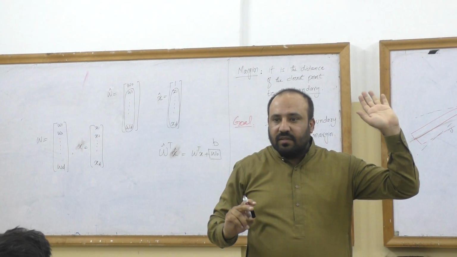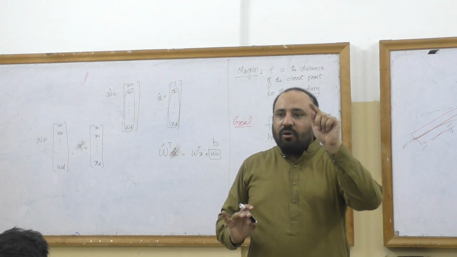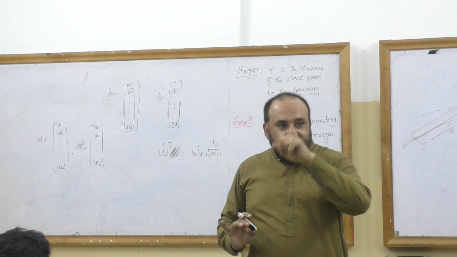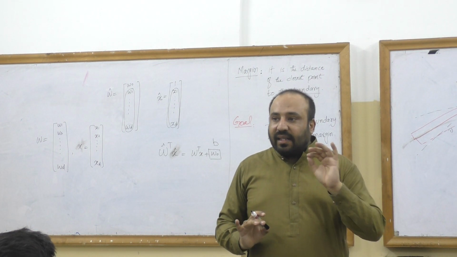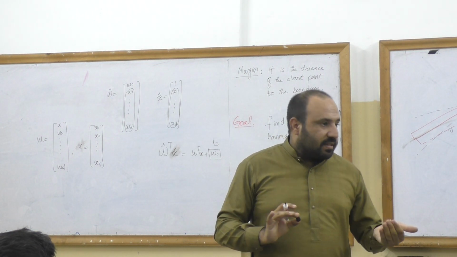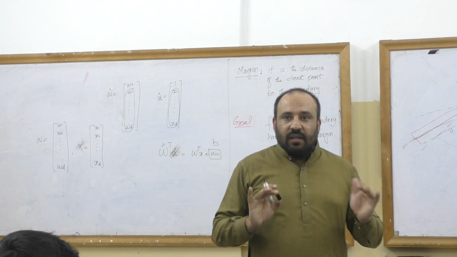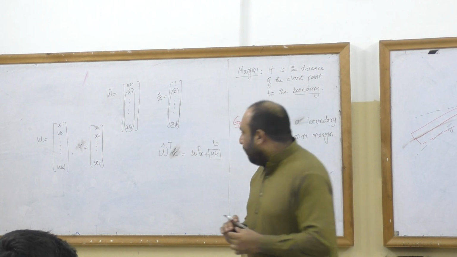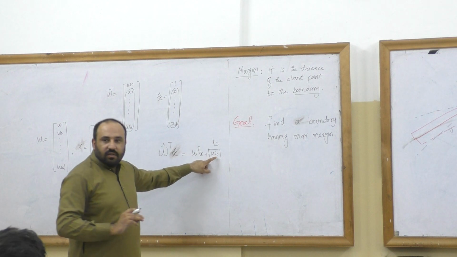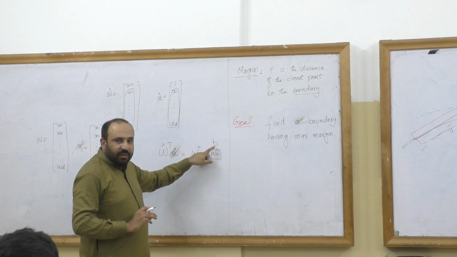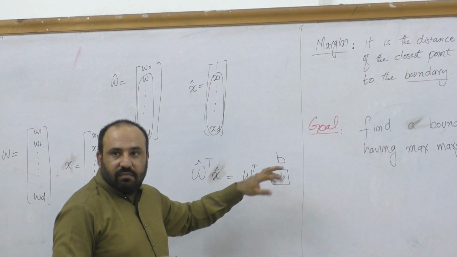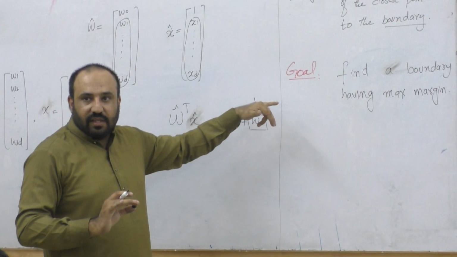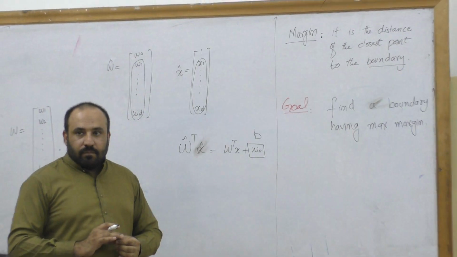It's a parameter. So still it is a parameter, but the technical letter people mostly use for it is B. And technically people call it bias. Make sense? So if you are comfortable with W naught, go with W naught, but I will write B so that you do not confuse this W naught with B. Why specifically is this term called bias?